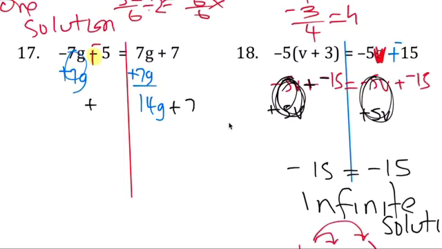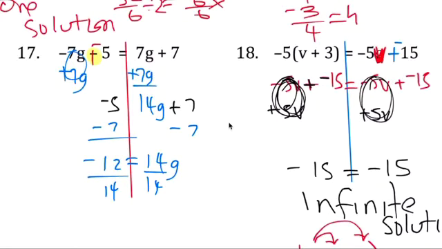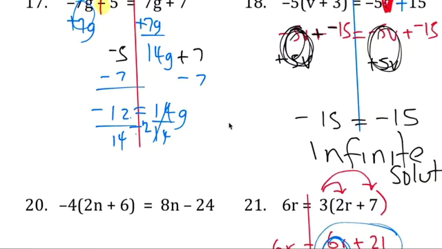Okay, and we didn't do anything to the negative 5. Make 7 equal to 0 by minusing 7. Got negative 12 equals 2.14g, divide by 14. Divide by 2, you get 6 over 7.